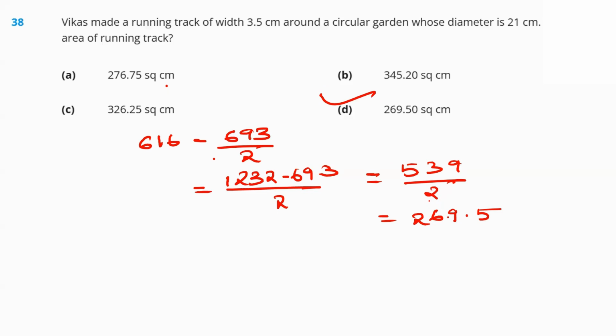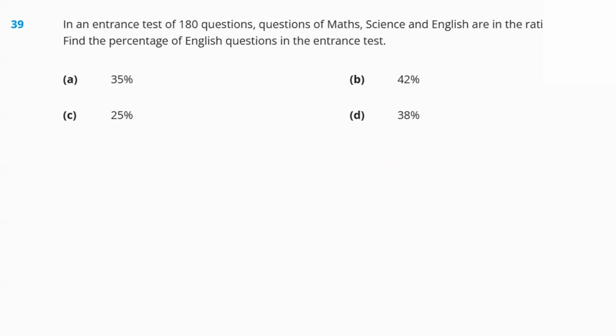Okay. Moving on to our next question, number 39. The question reads, in an entrance test of 180 questions, math, science, and English are in the ratio 5:4:3. What percentage of the entrance test is English questions?